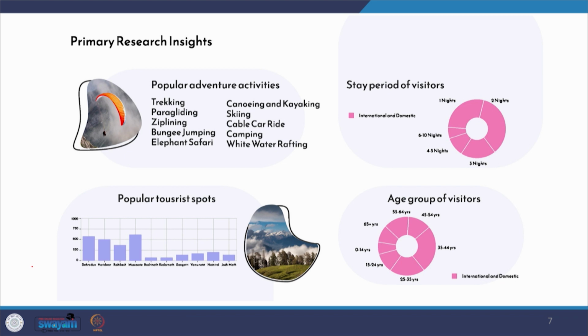Here we have activities like trekking, paragliding, zip lining, bungee jumping, even safaris and canoeing, because we have the Ganges flowing. So there is river rafting and other activities happening here. Then she has put them together in a graphical manner at the bottom left, showing the popular tourist spots in different parts of Uttarakhand.